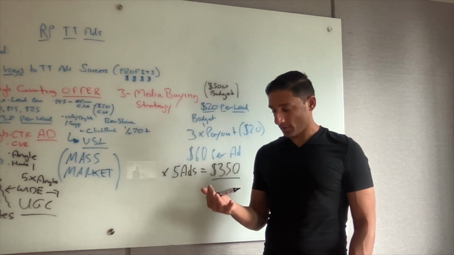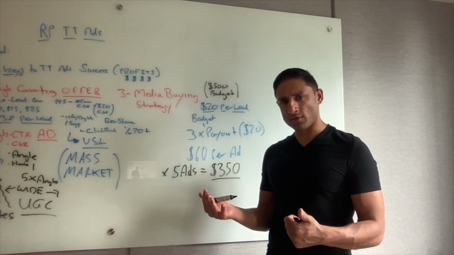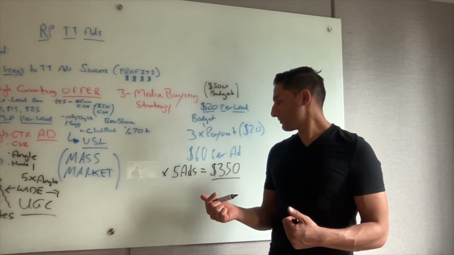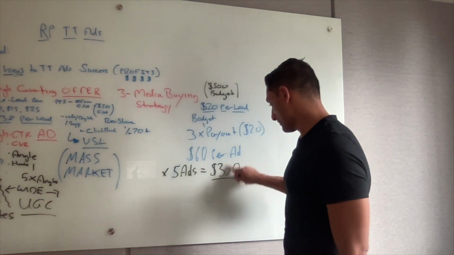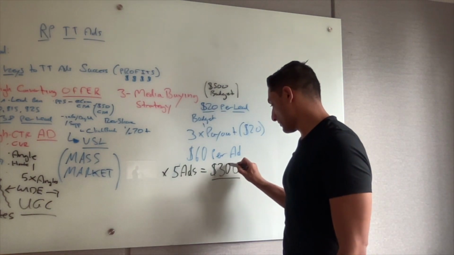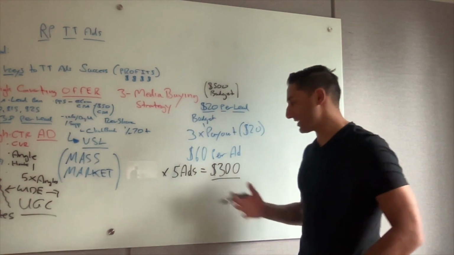Wow, 10, 15, 20, 25, 30. Or is it 300? It's 300. Got it wrong. Trying to be smart there and figure out quickly. It's actually simple math.